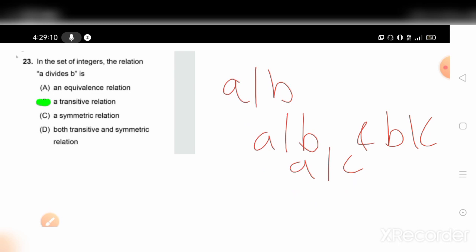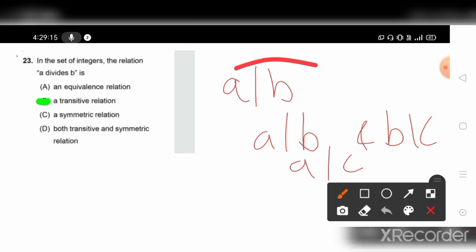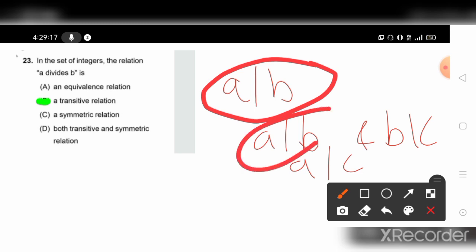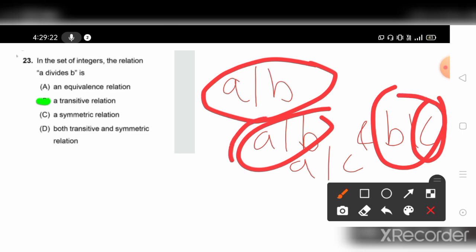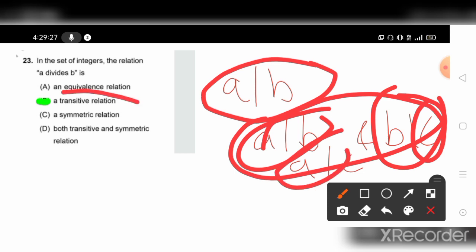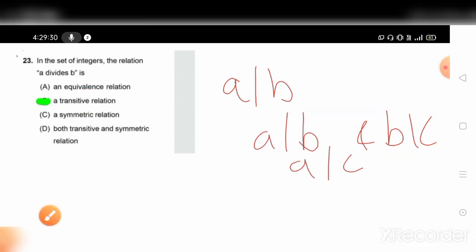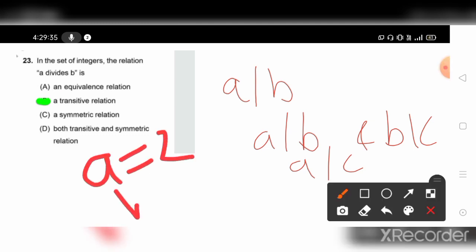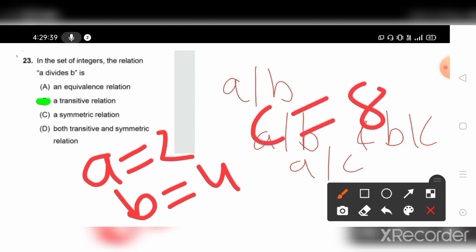In the set of integers, the relation a divides b: if a divides b and b divides c, then a divides c. This is a transitive relation. Or by another method, put a equal to 2, b equal to 4 and c equal to 8. Here 2 divides 4 and 4 divides 8, which implies 2 divides 8.